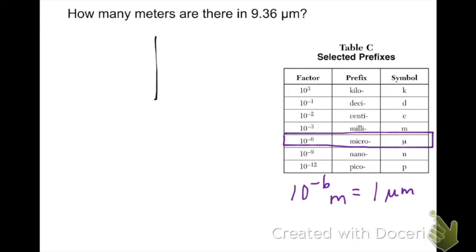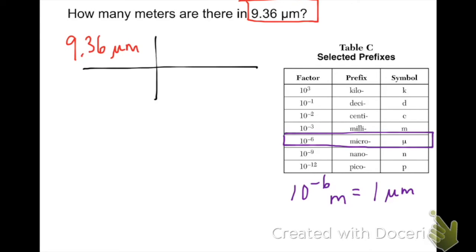Then make our T-chart. We're going to place what was given in the question, so 9.36 micrometers in the upper left. We're then going to place that same unit so it can cancel out in the bottom right. And we're going to place the unit that we're trying to convert to, which is meters, in the upper right.